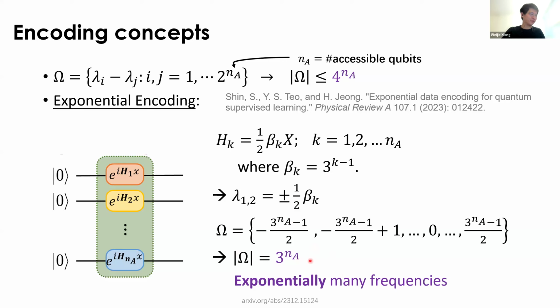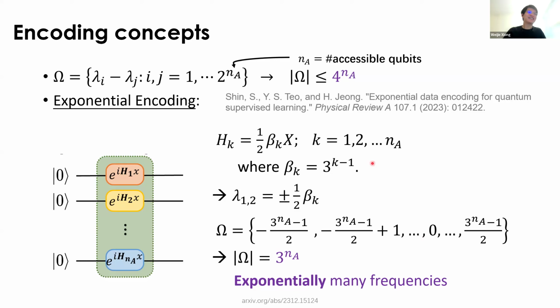So I want to remark that this number of frequencies, 3 to the NA, you will always get 3 to the NA as long as your generator has a symmetric spectrum. Namely, you will have a lot of redundancy for the eigenvalue differences equal to 0.